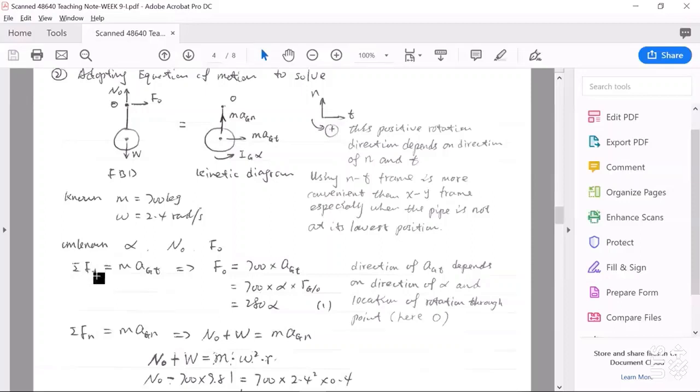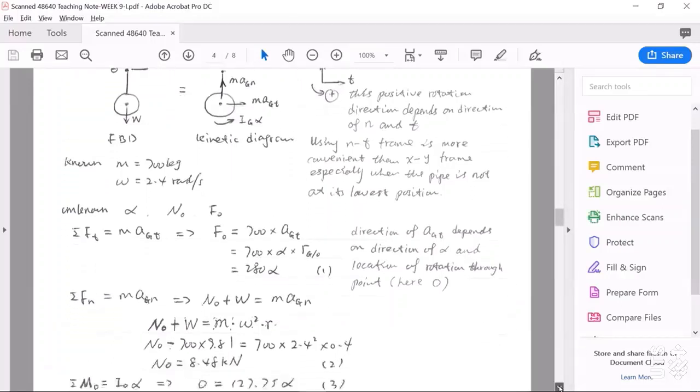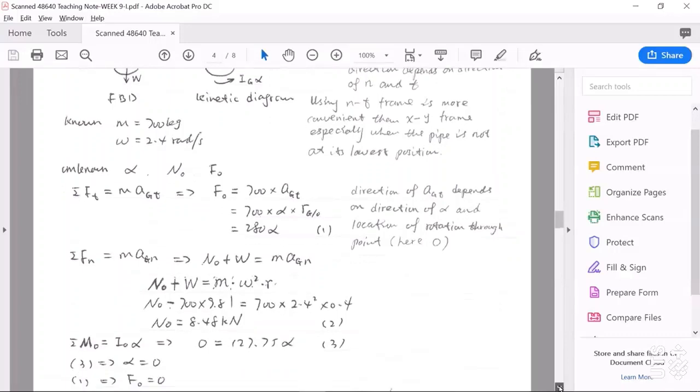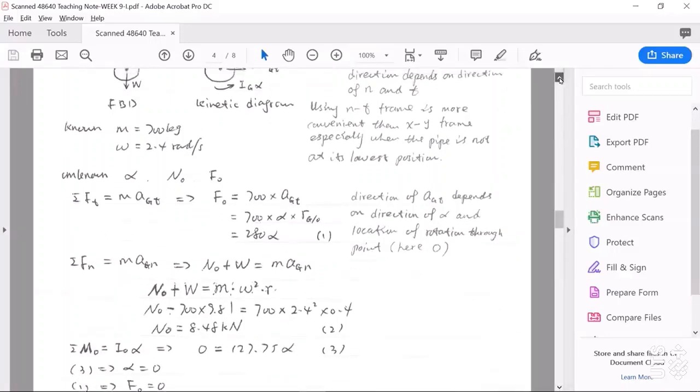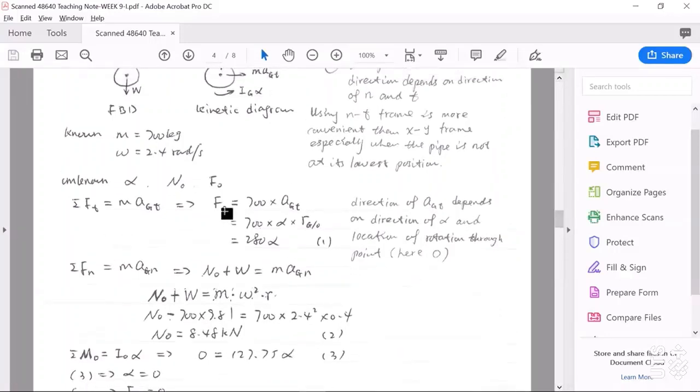Along the tangential direction, we only have one external force, FO. And this must be equal to m times AGT.